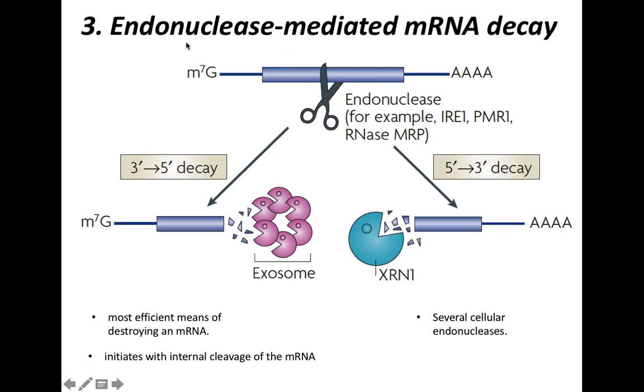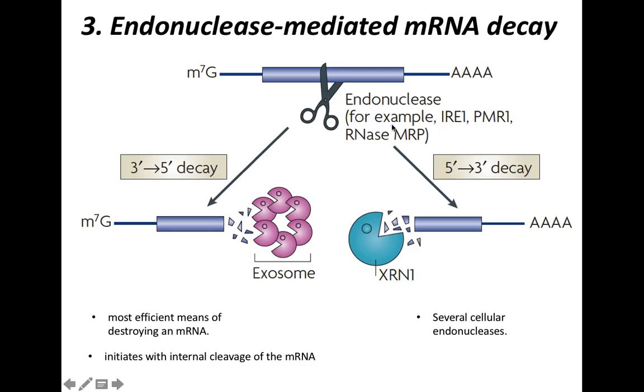I told you that you can also cleave the mRNA molecule in the middle by the activity of endonucleases. This is the most efficient mechanism of killing an mRNA molecule, though not a very common mechanism for destroying mRNA molecules.